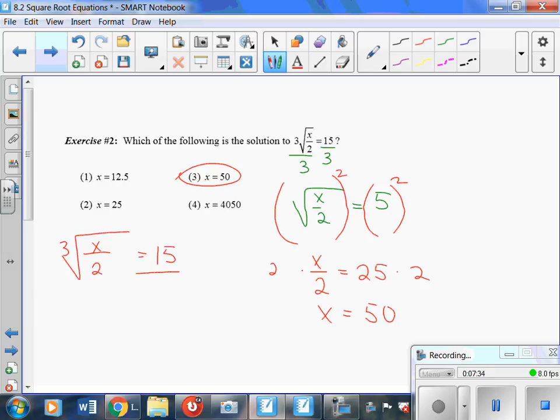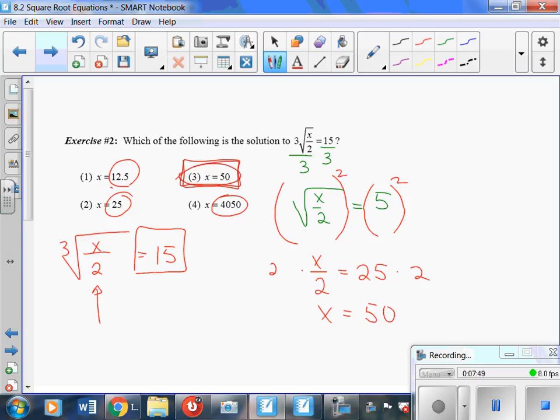Actually, you don't even need the equals 15. You can just put this part in, right? With all these x's, try 12.5, 12, try 25, try 40, 50, and see which one is equal to 15. When you finally get right here, 50 will work.